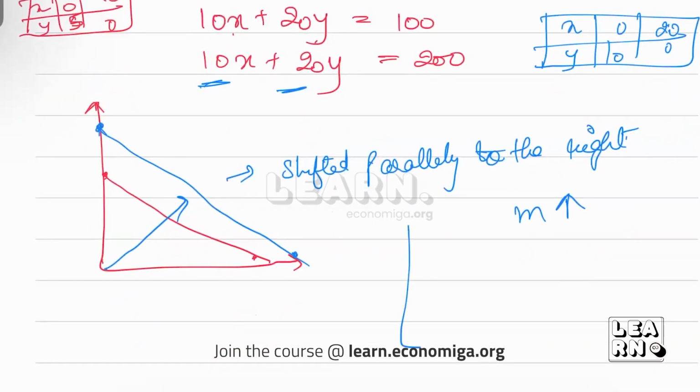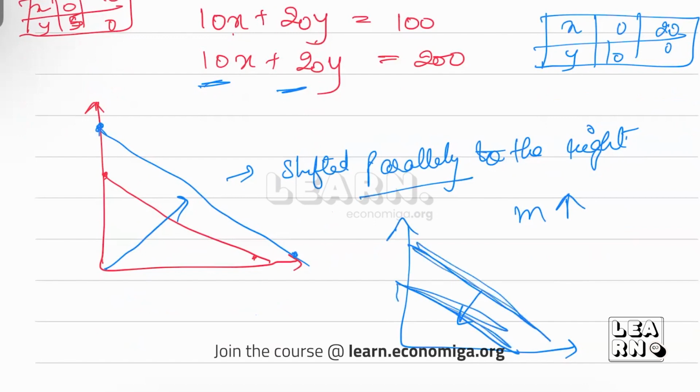Similarly, if the prices remain unchanged and your income has decreased, the budget line will shift towards the left. When I say parallel shift, what does it mean mathematically? It means that the line is shifting, but the slope is remaining unchanged. And why is the slope unchanged? The slope of the budget line is P1 by P2. It is unchanged because the prices are unchanged.